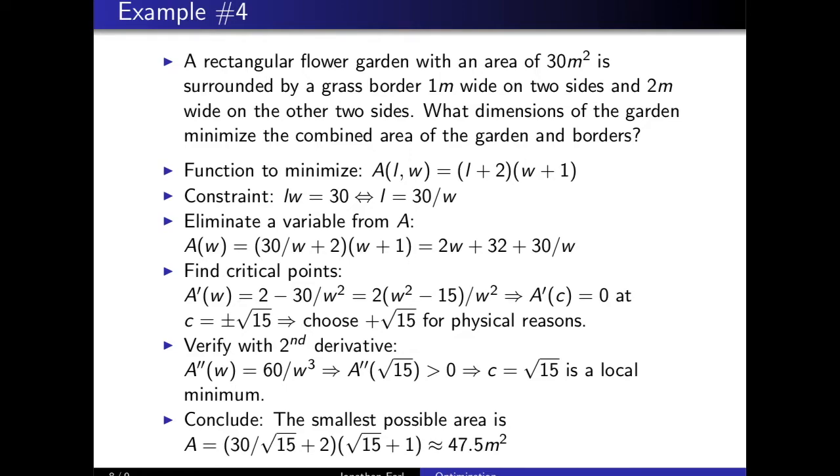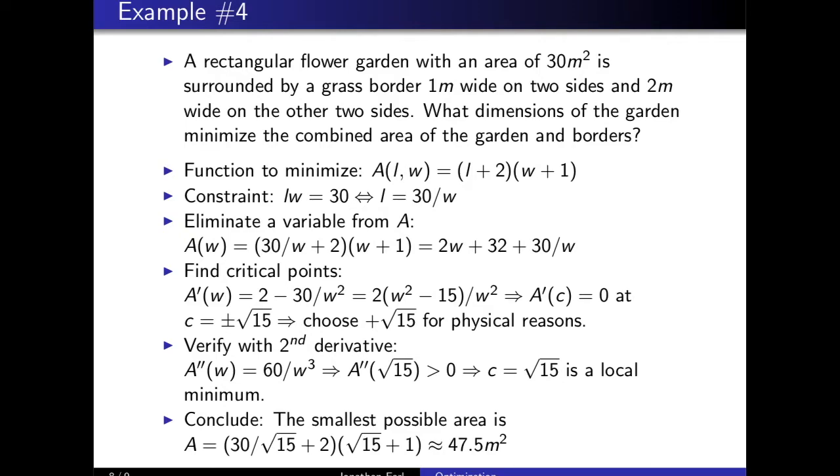So that tells us that the only critical point we're going to be interested in is positive square root of 15. And when you're doing these kind of problems, you do need to concern yourselves with all of the possible critical points. So here we had 3 critical points. We had W equals 0, W equals minus square root of 15, W equals plus square root of 15. And we were just going to discard 2 of those for physical reasons.